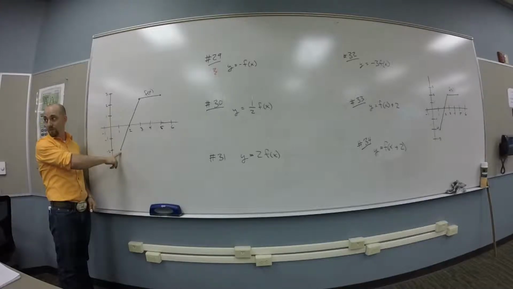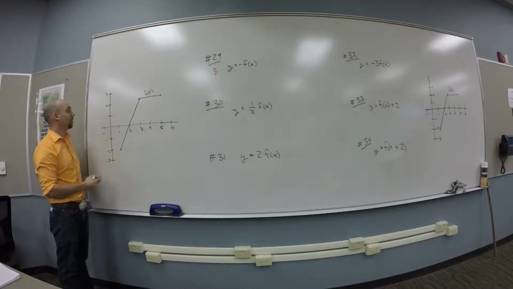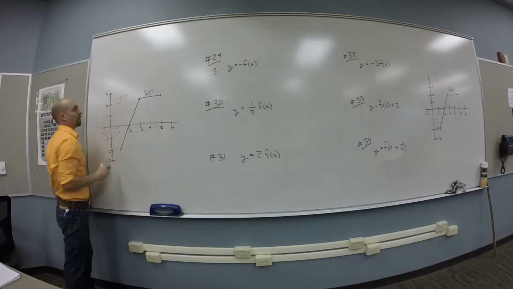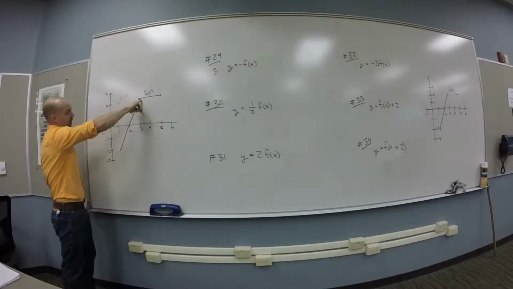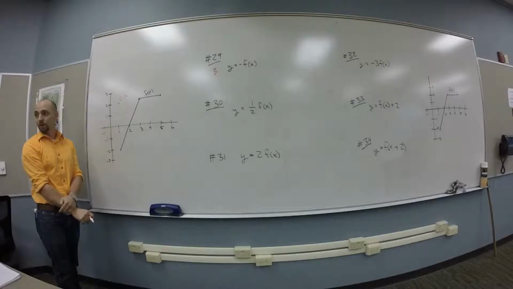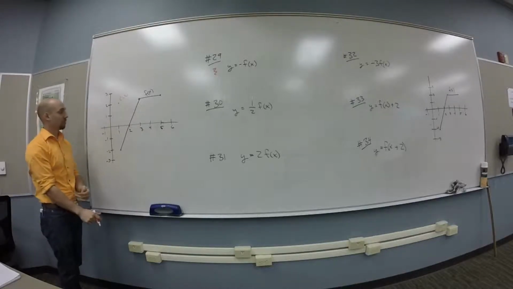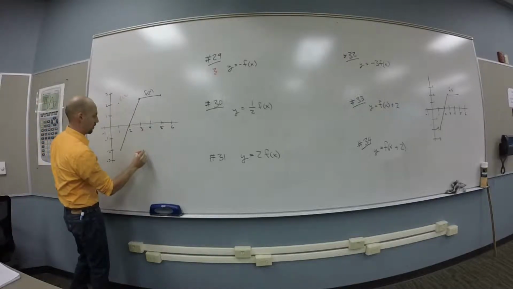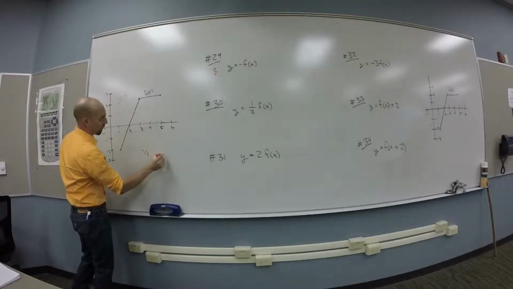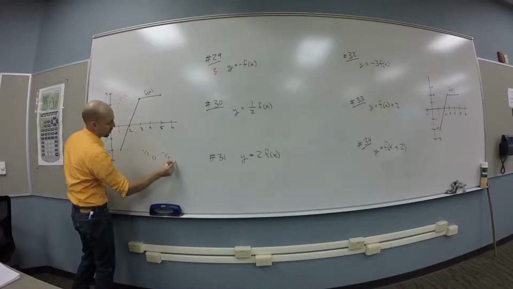If I switch the sign on the y value, it'll go to (1, 2). This point right now is at (3, 2), and after I flip it, it'll be at (3, -2). And the other guy will be at (5, -2), right?